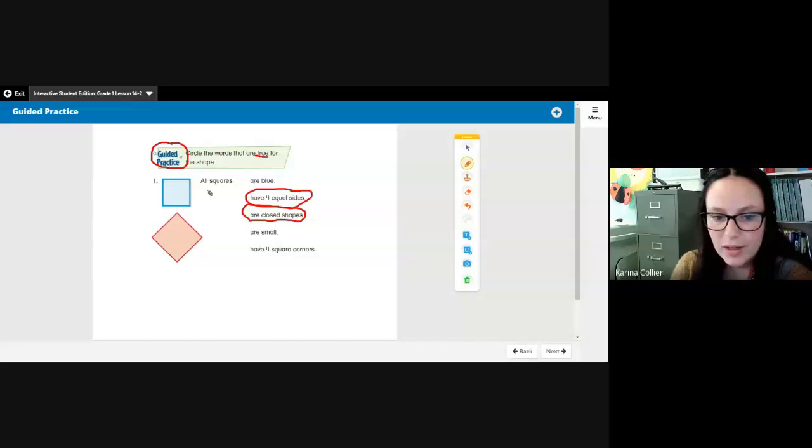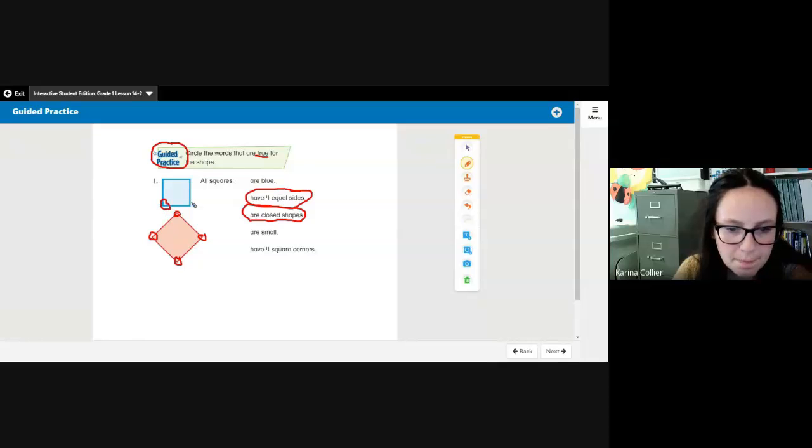And our last one, all squares have 4 square corners. So we've been talking a lot about vertices, which are these corner points in our shapes. So this statement is saying that all squares have 4 corners. So let's count and double check. 1, 2, 3, 4. 1, 2, 3, 4.